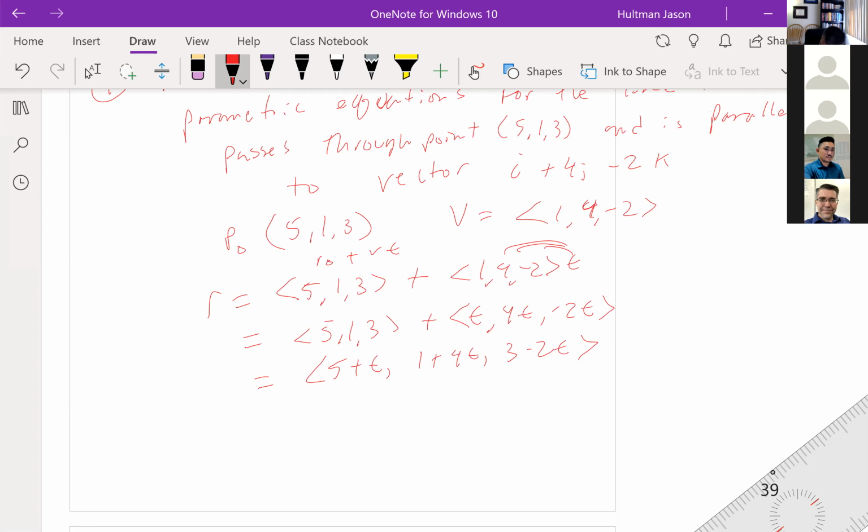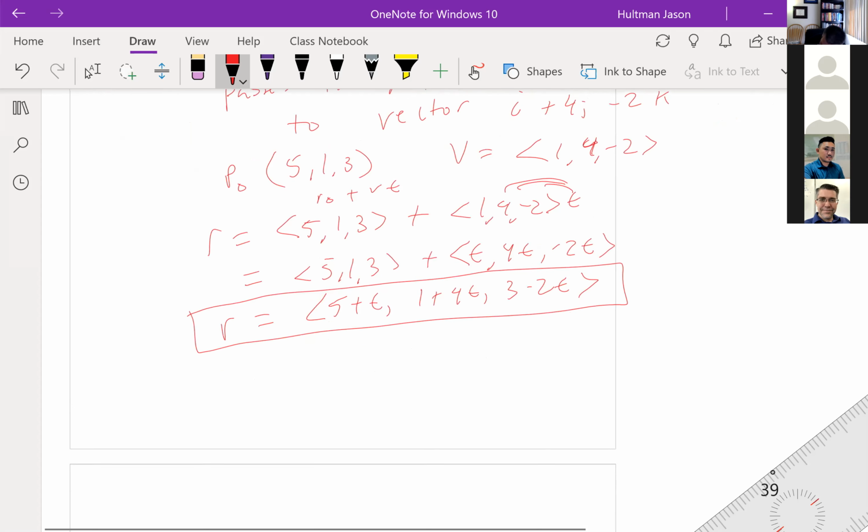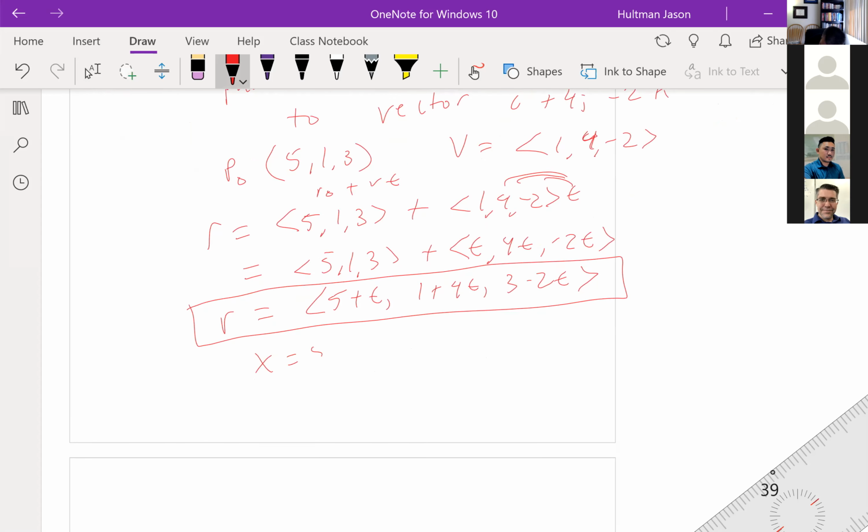This is my vector equation of the line. The parametric form of this is x equals 5 plus t, y equals 1 plus 4t, and z equals 3 minus 2t. That's the parametric form of the line. I'm done with that one.